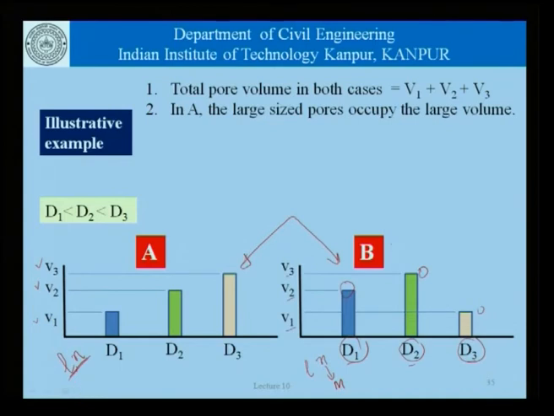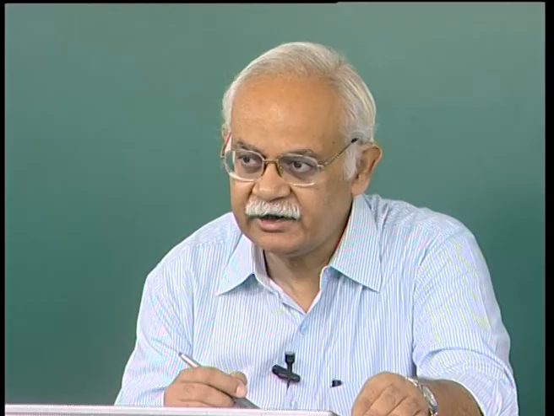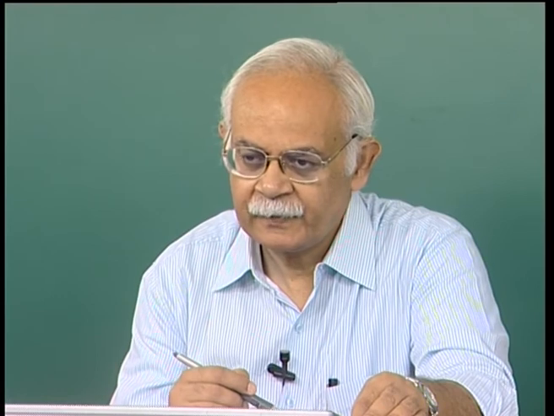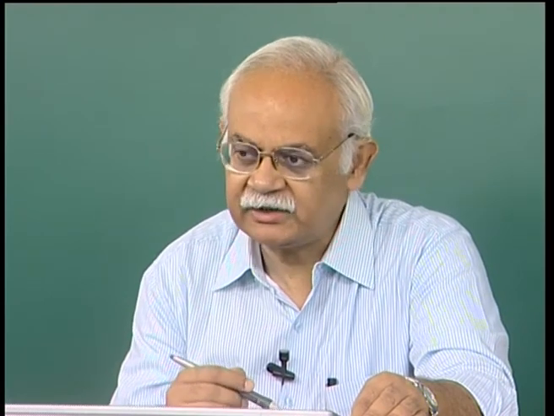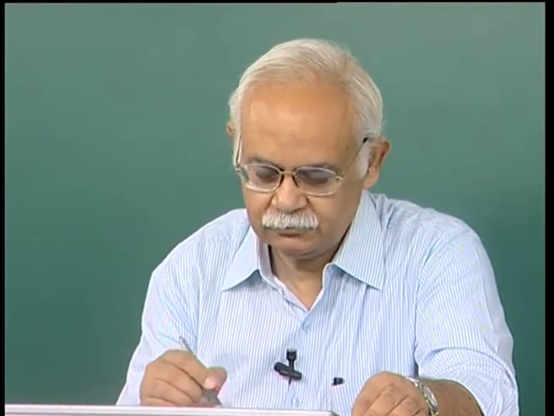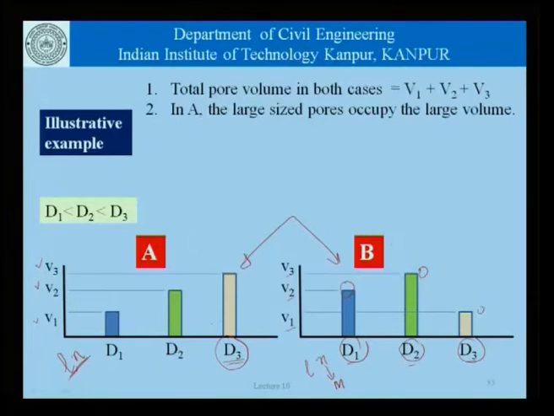Large sized pores because D3 is the largest pore size, and in A, D3 has a volume V3 which is the largest. So, if we were to calculate a percentage of volume contributed by the larger pores, it will be the largest as far as the larger pore is concerned for A.